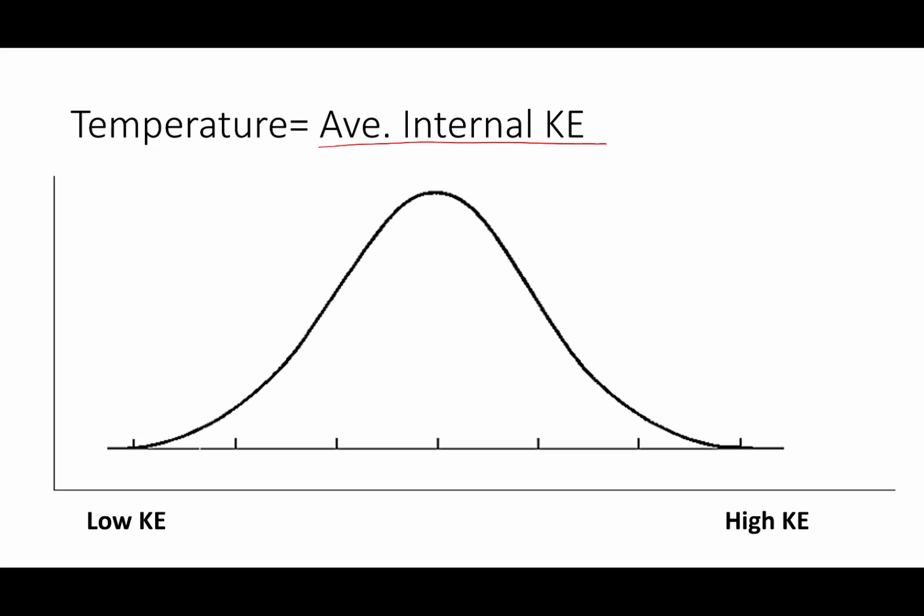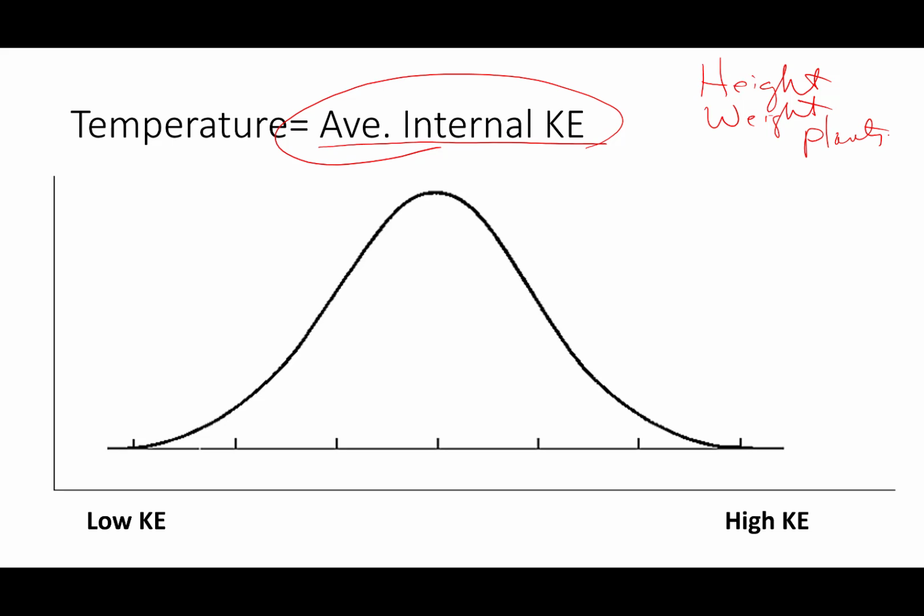If you take the average of heights of all of the human beings that exist, average weights of all of the human beings that exist, average, I don't know, height of plants, of everything that's out there, you're going to take a representative sample of data. Typically, you get this kind of a bell curve where there is a lot towards the center and very little on the high end and very little on the low end.